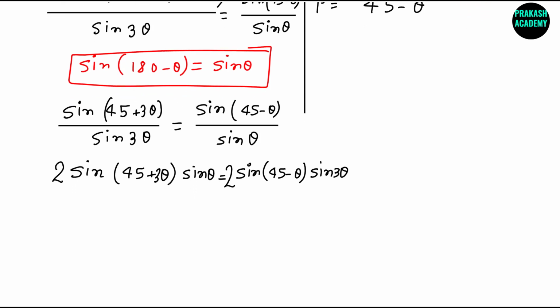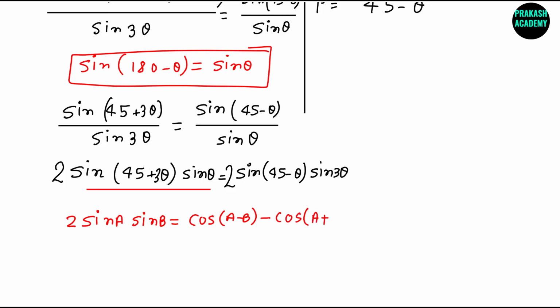So what I have is 2 sine A sine B, which is basically equal to cos A minus B minus cos A plus B. So this is the identity that I will use.